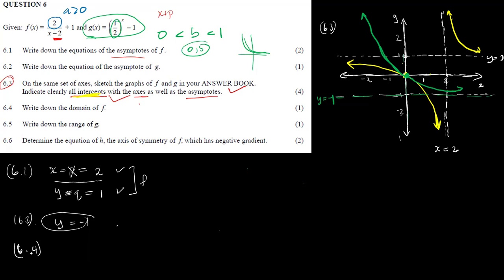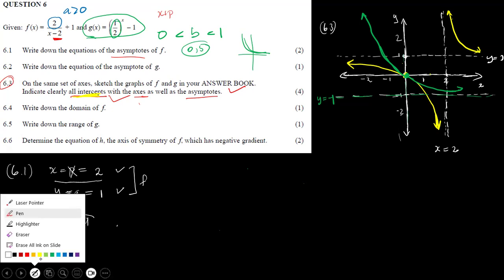They want us to write down the domain. What is domain? Domain refers to the values of x. Range refers to the values of y. It's the same thing, just that domain is the values of x, range is the values of y. So we want the domain of f.